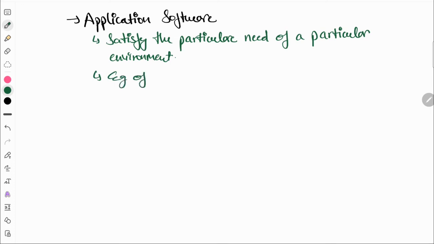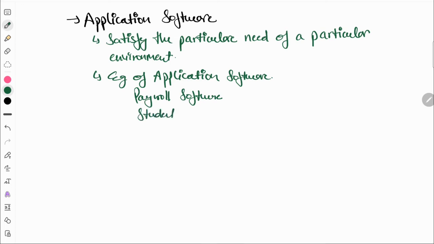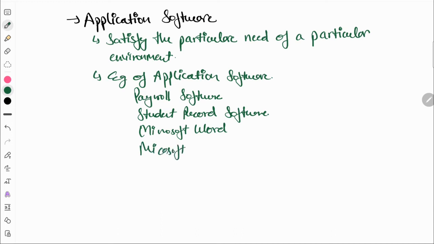Examples of application software: payroll software, student record software, Microsoft Word, Microsoft Excel, and so on.